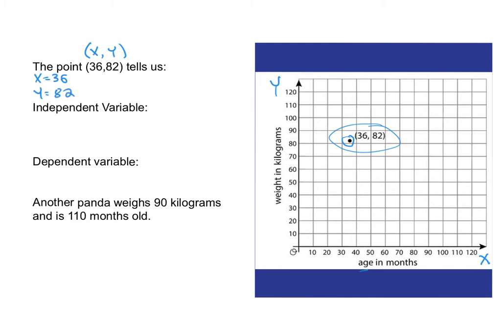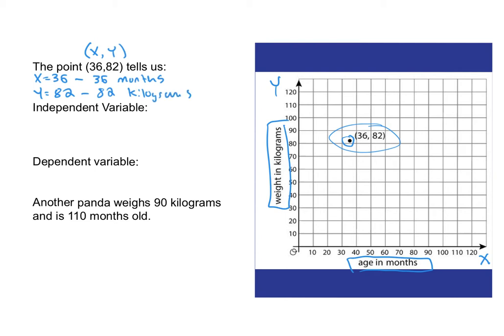Since x is our age in months, that means 36 months. And since y is our weight in kilograms, that means 82 kilograms. There we go.